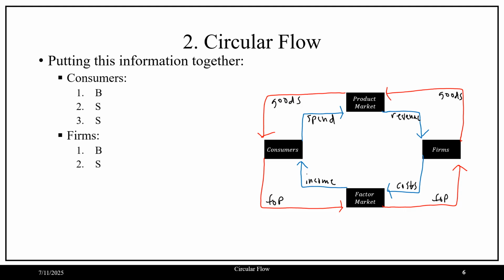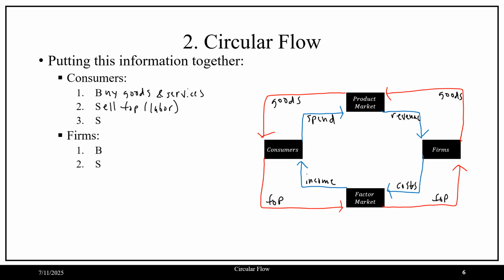Okay, so then in terms of our consumers, what actions are available? We saw that we buy goods and services, and we saw that we sell factors of production such as labor.